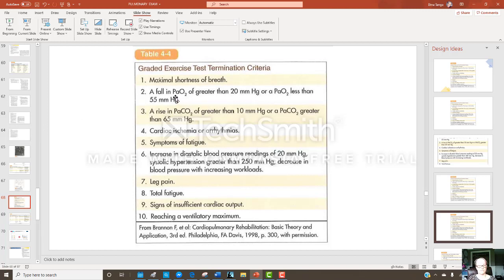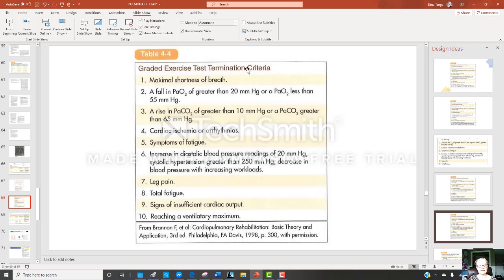So PaO2, 20, 55: greater than 20, less than 55. PaCO2, greater than 10 or greater than 65. That's basically memorization right there.